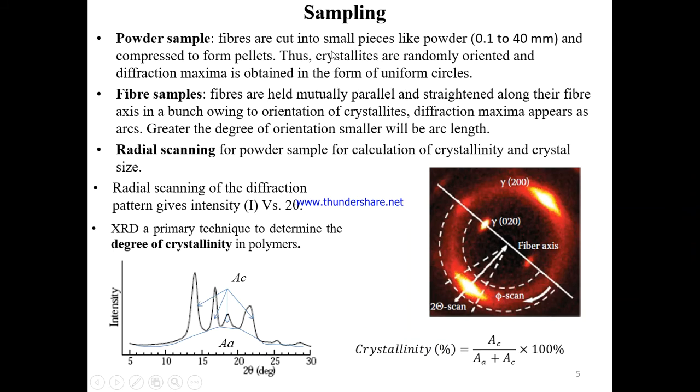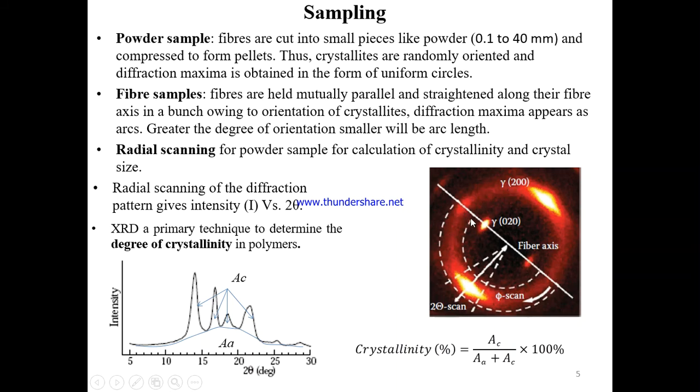If you are using a powder sample, then you will see the diffraction maxima, or bright lines, as circles, not like arcs. Here you can see this is not a circle, this is like an arc. One small bright arc is showing here, and another arc is showing here clearly, and in that place there is darkness.